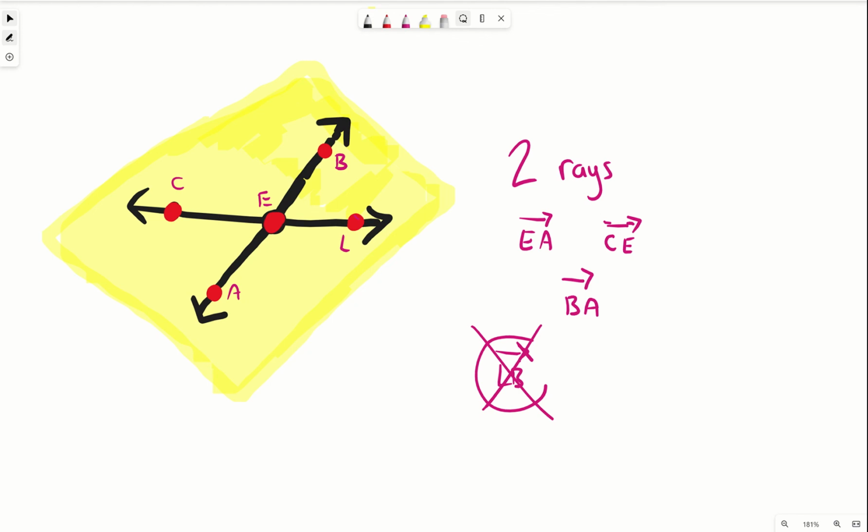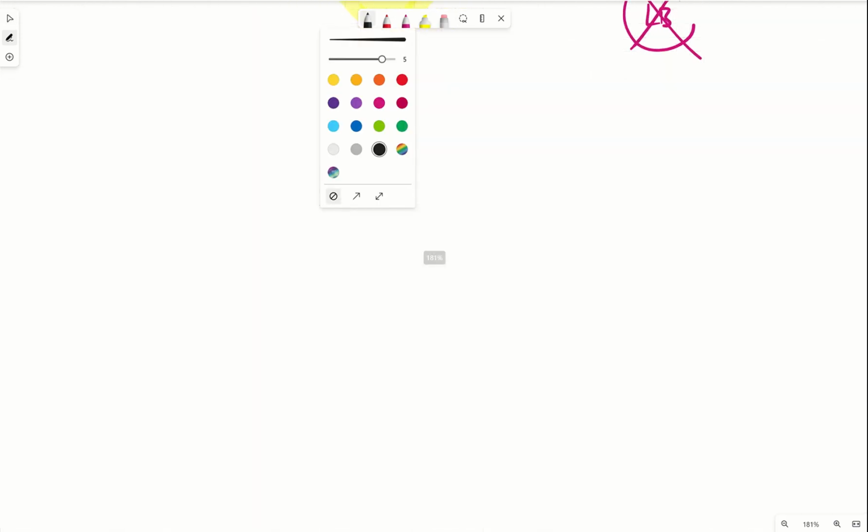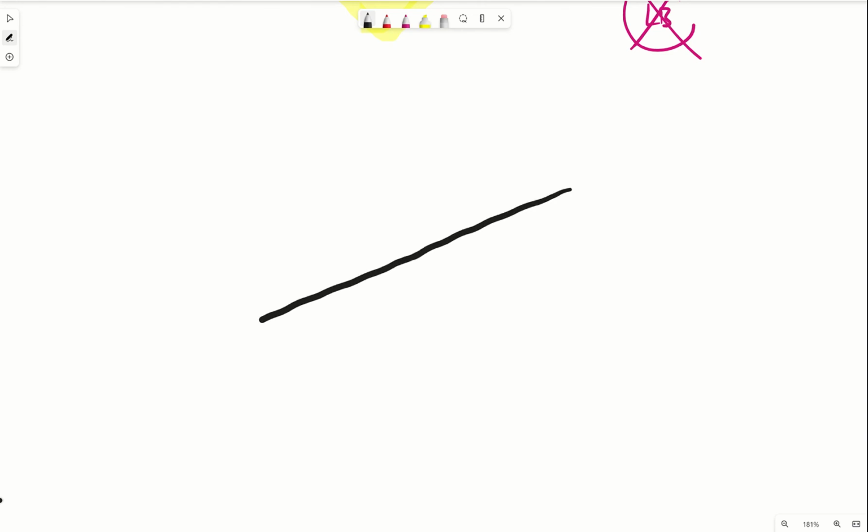Okay, so let me draw another figure here and see what you can make of it. Let's go with, okay, we'll say we've got a line going this way and a line going this way and one of these.